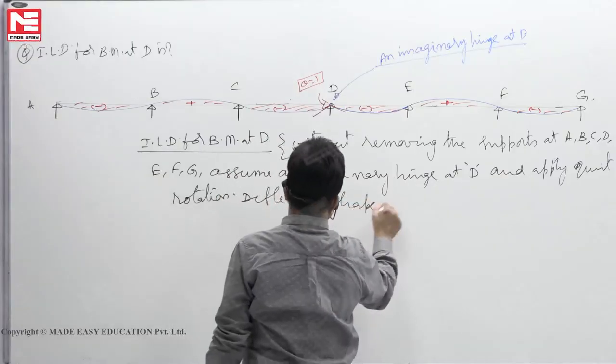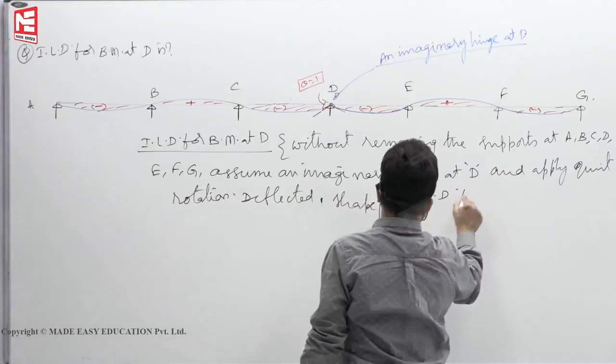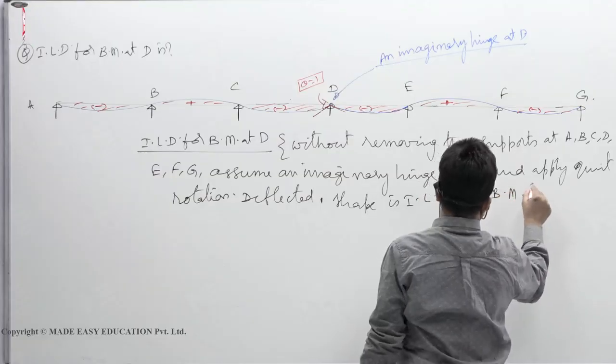Deflected shape is ILD for bending moment at D.